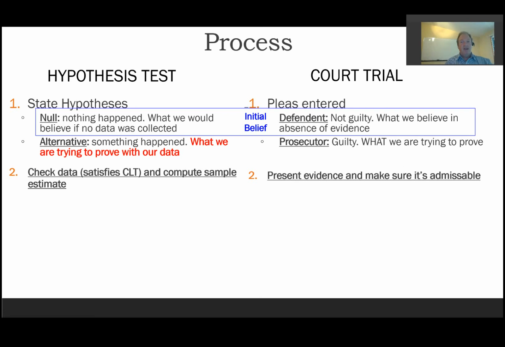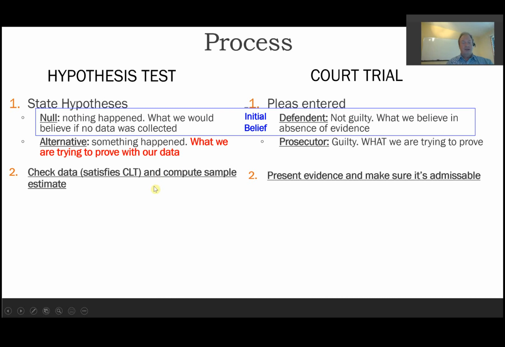If the evidence is not collected properly, in the same way that if the data is not collected properly, what happens? The whole trial is thrown out, or at least that evidence is thrown out, right? And if the trial depends on the evidence, then the whole trial is thrown out. The same thing is true here.